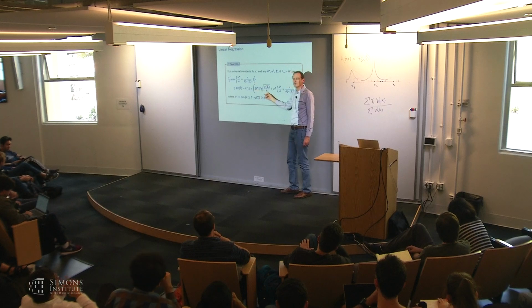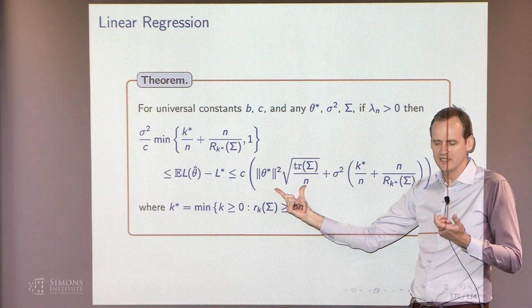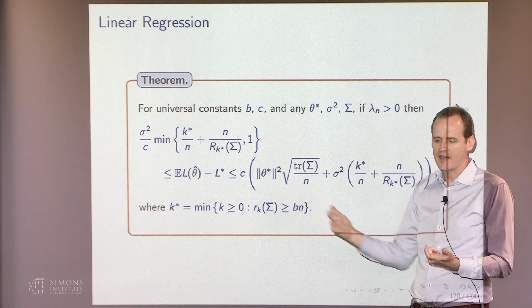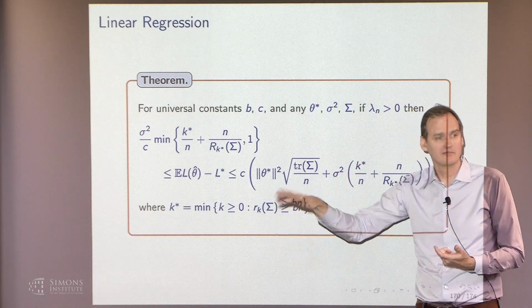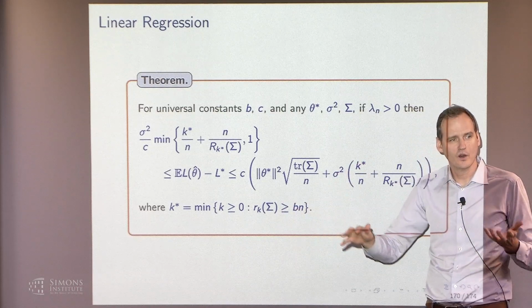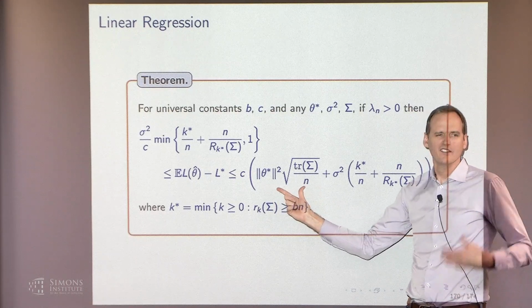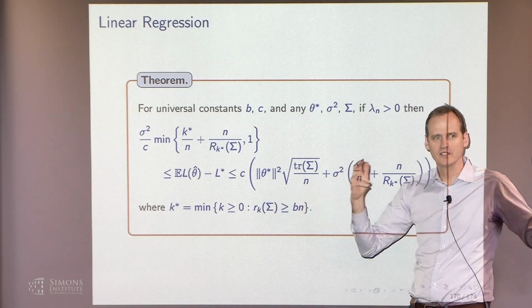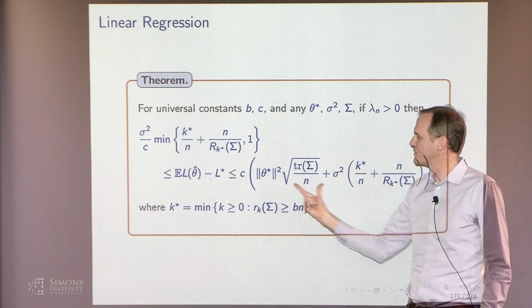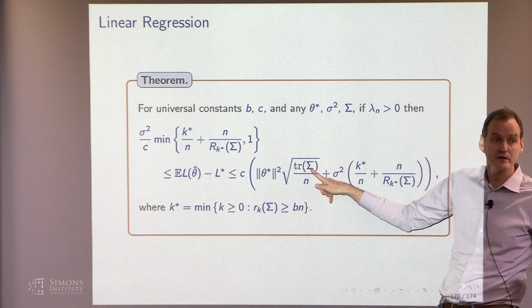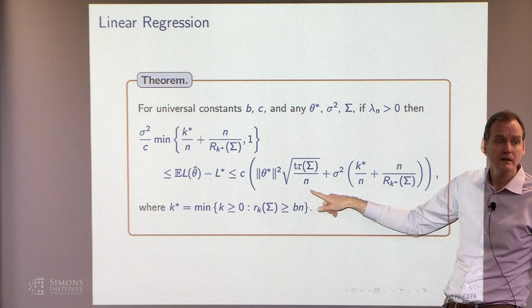This term is telling you the impact of the theta star transpose xi terms on the theta hat, and saying that the error caused by the distorted view that the sample covariance gives you of theta star is not too bad as long as the trace, the sum of all those infinitely many eigenvalues, is dominated by n.